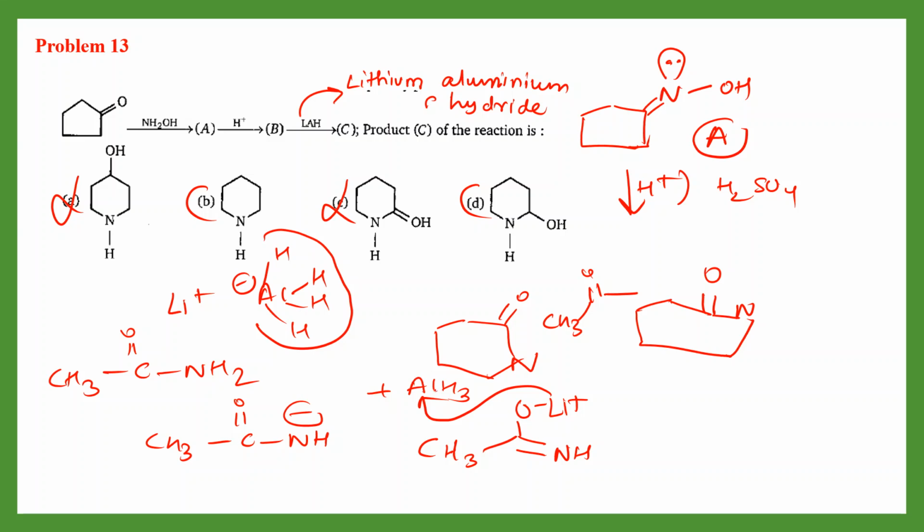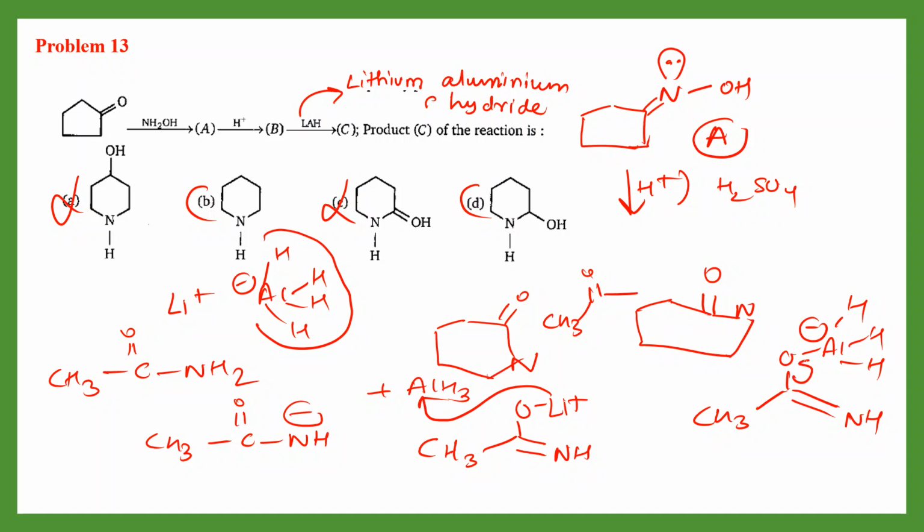This is from the boron family, and whenever boron family compounds have three bonds, they will be electron deficient, and it will form CH3 CO AlH3. Again it will form a negative charge since it has formed four bonds. Correct? Till here is there any doubt or not?